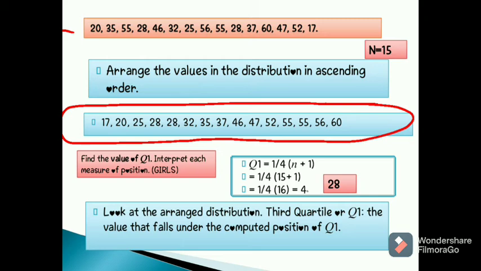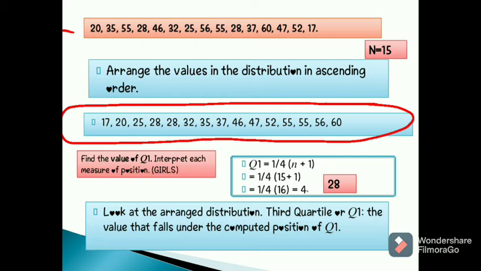So find the Q1 for girls. So we simply substitute our n for 15. So n plus 1 will be 16, because the data is a total of 15. That's why the answer here is 4.